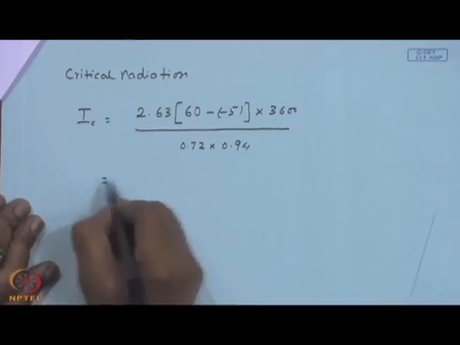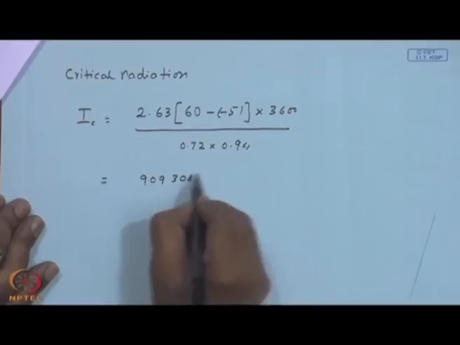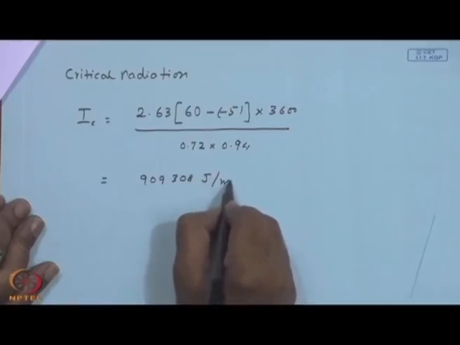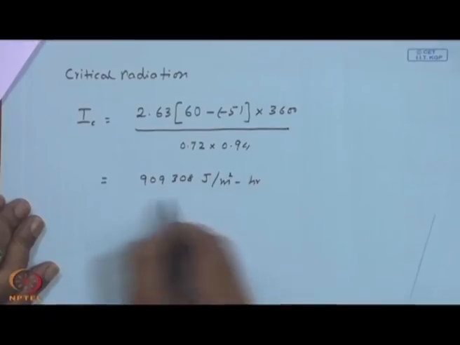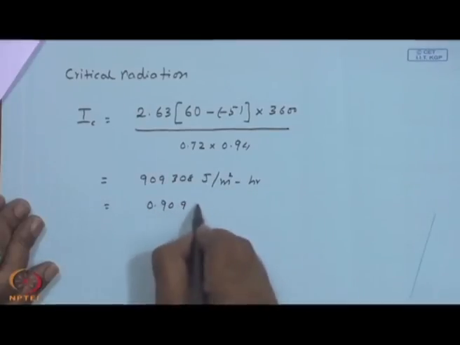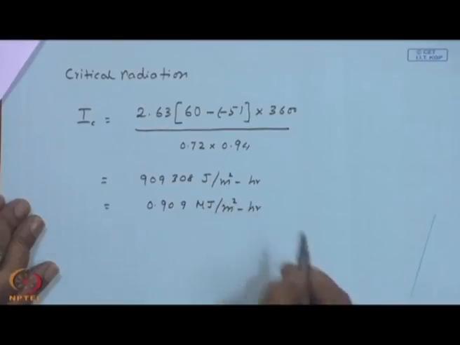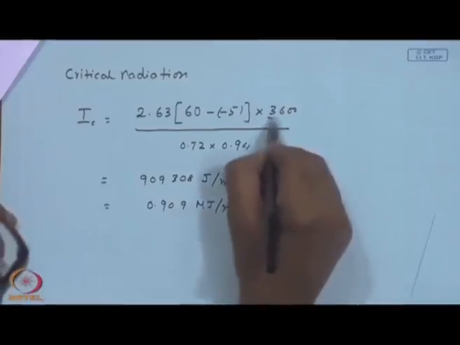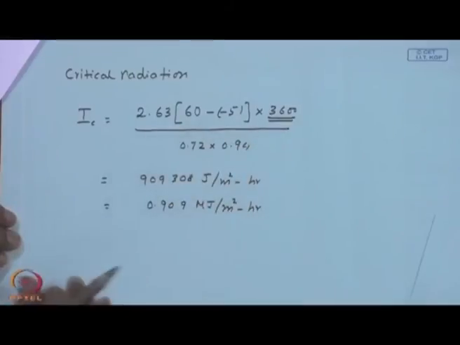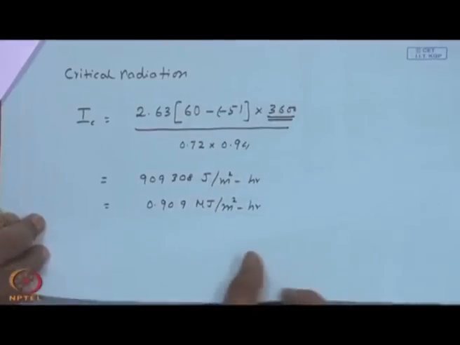This now you will have in 909,308 joules per meter squared in that hour. That will be 0.909 megajoules per meter squared hour. Okay. So, this is necessary, otherwise you will get a very small number. It should be watts per meter square, but then I had to adjust the other thing also accordingly.